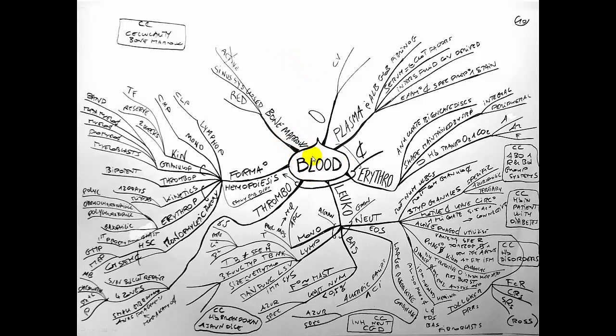So here we have blood, plasma, what is in the plasma, erythrocytes or erythro for red blood cells, leukocytes for white, thrombocytes for the platelets. Not sure what this person means by forma, but anyway, bone marrow, what does it have to do with blood? And so just something that you can get a start with or work from.